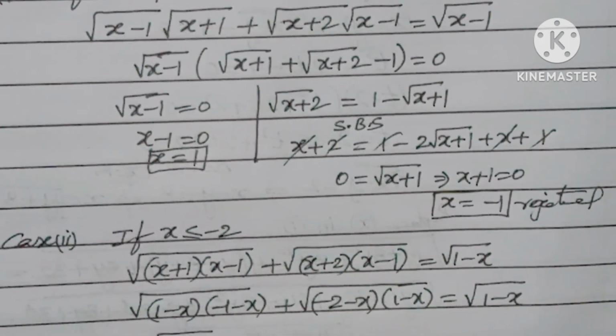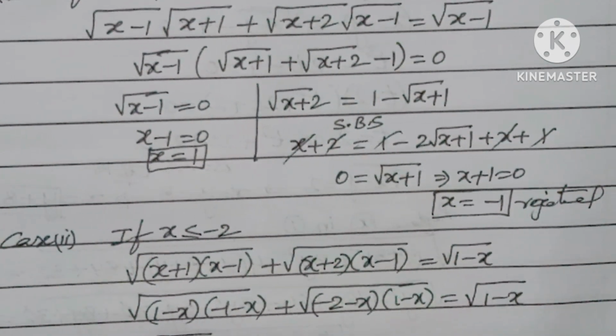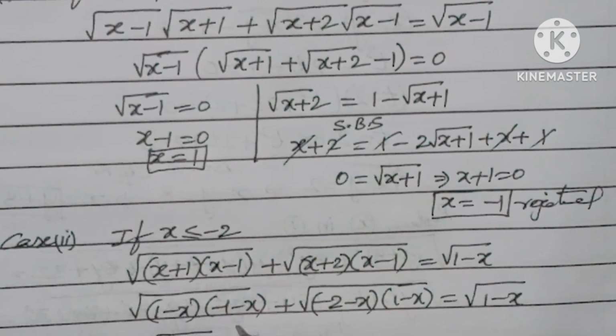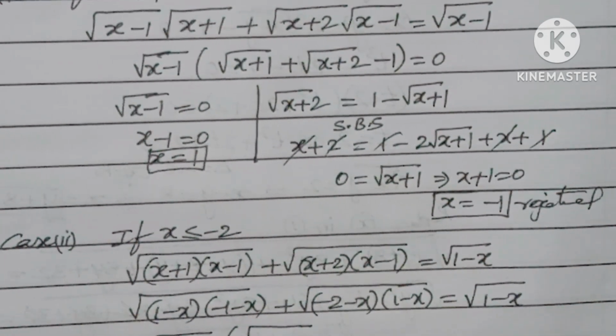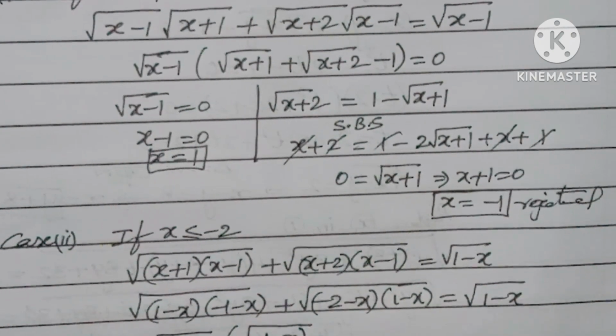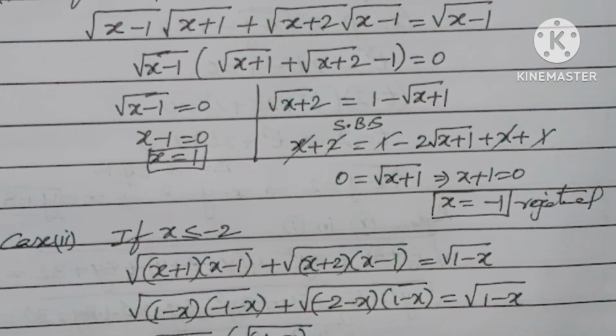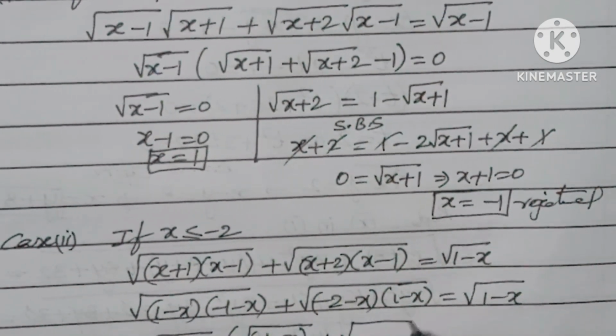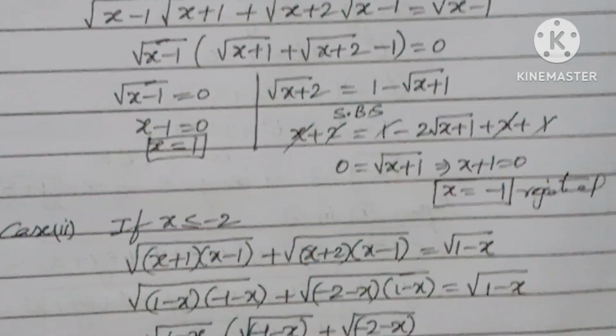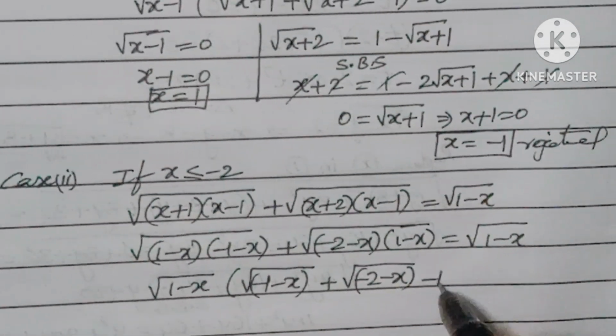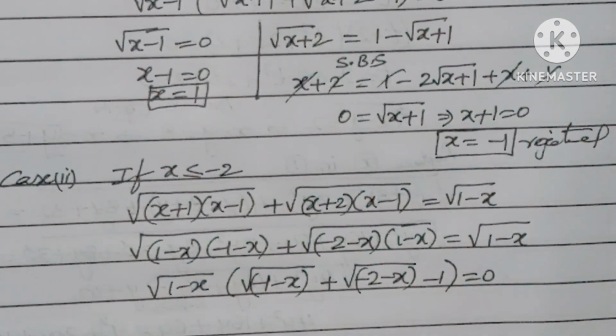Square root of 1 minus x into square root of minus x minus 1 plus square root of minus 2 minus x minus 1 equal to 0.